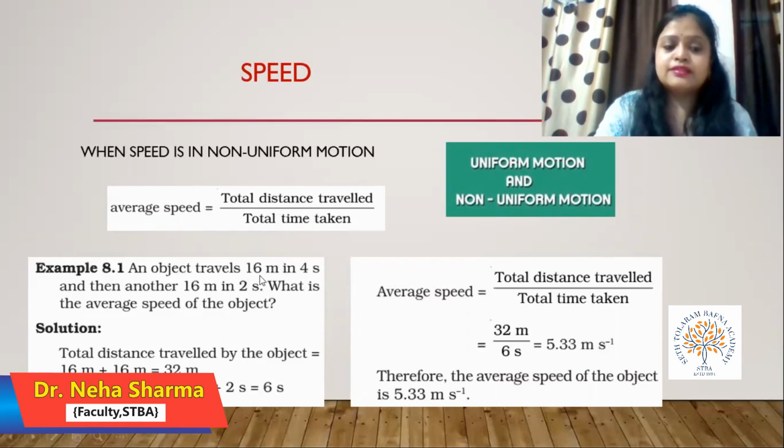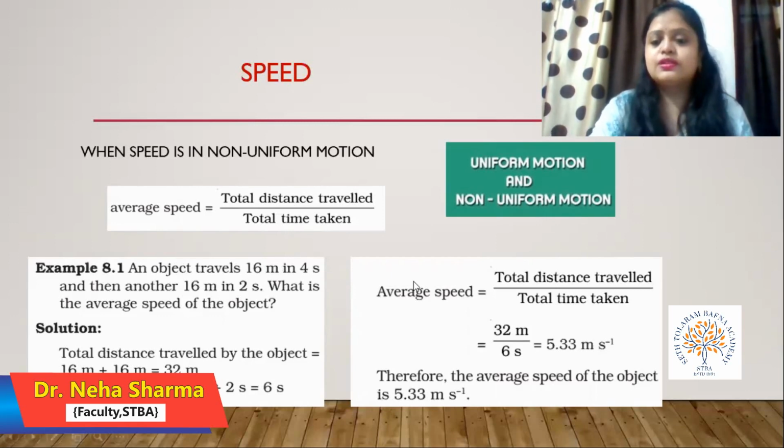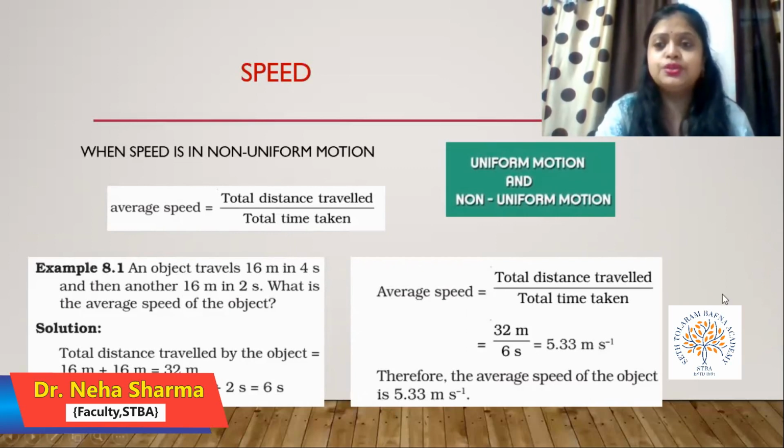For the total time taken, in the first case the time is 4 seconds and in the second case the time is 2 seconds, so the total time is 6 seconds. So average speed is 32 meter by 6 seconds, which is 5.33 meter per second. I hope it is clear that in case of non-uniform motion, we calculate average speed, that is the total distance traveled divided by total time taken by the object.